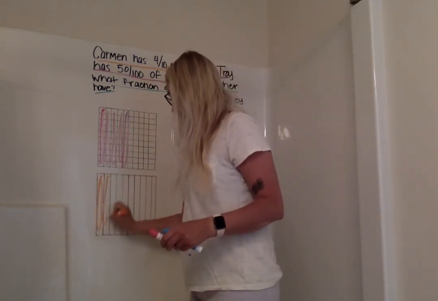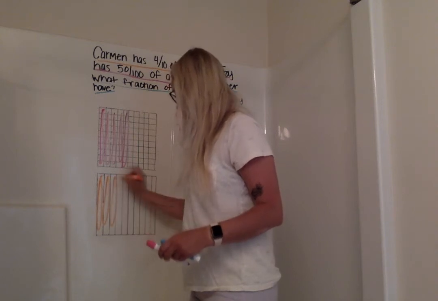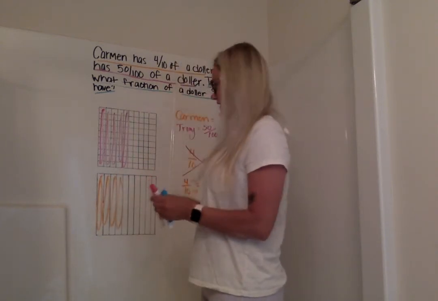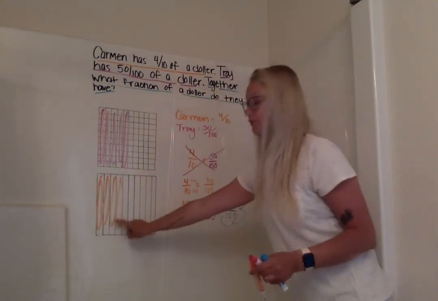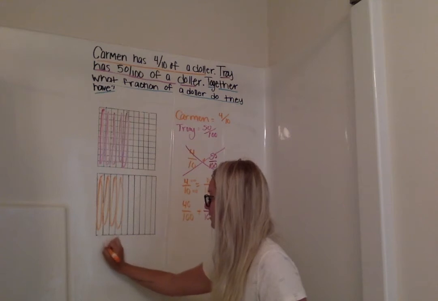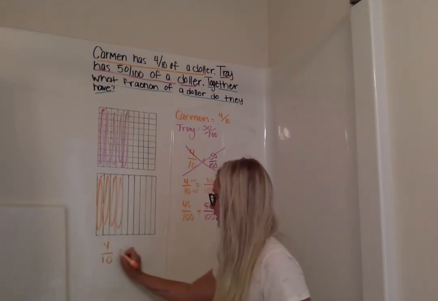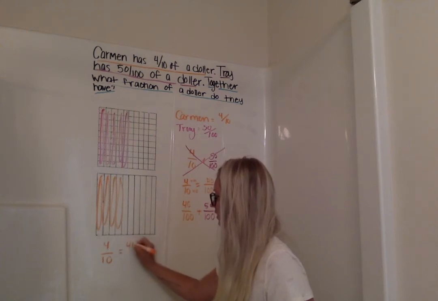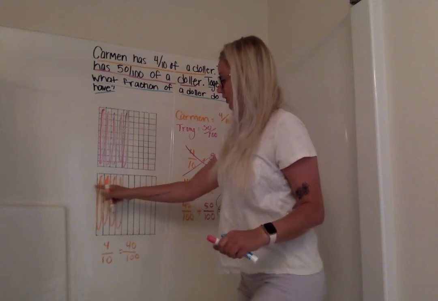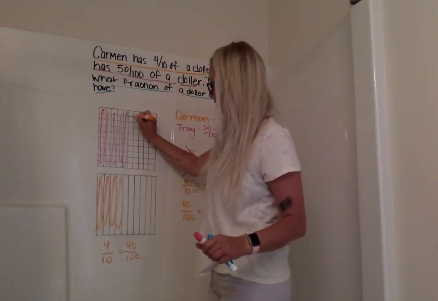1, 2, 3, 4. If I want to take her 4/10, remember that 4/10 is equivalent to 40/100ths. I can go ahead and take her 4/10 and turn them into hundredths up here.